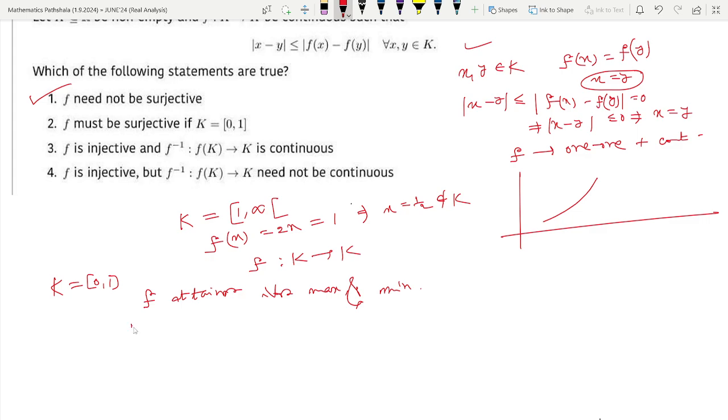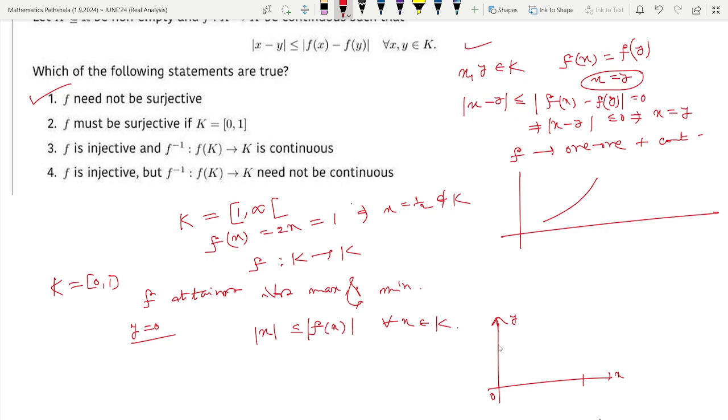From the given condition, if we take y equal to 0, then we get |x| less than or equal to |f(x)|. So this condition we have for all x belongs to K. Now clearly, from closed interval [0, 1] to closed interval [0, 1], this function, without loss of generality we have taken f strictly increasing, and the strictly decreasing case is exactly similar.